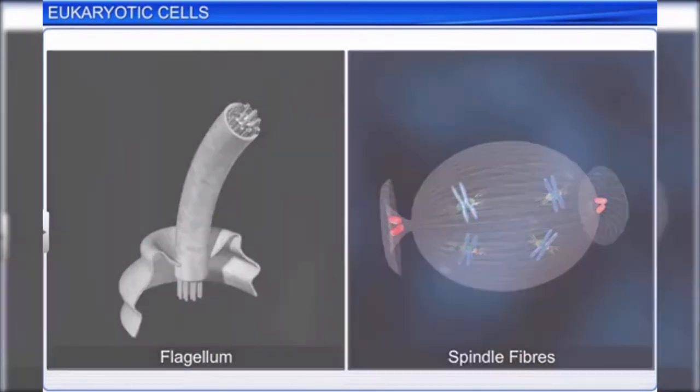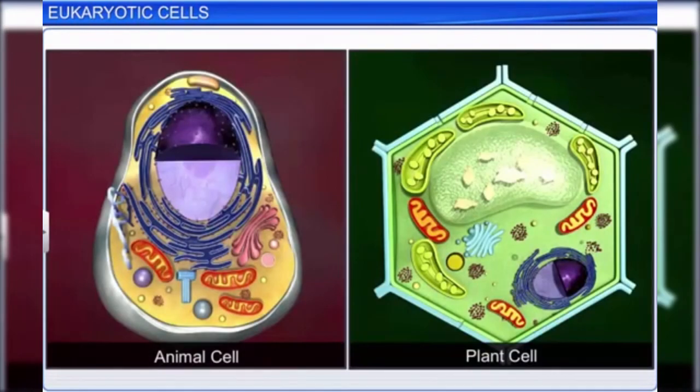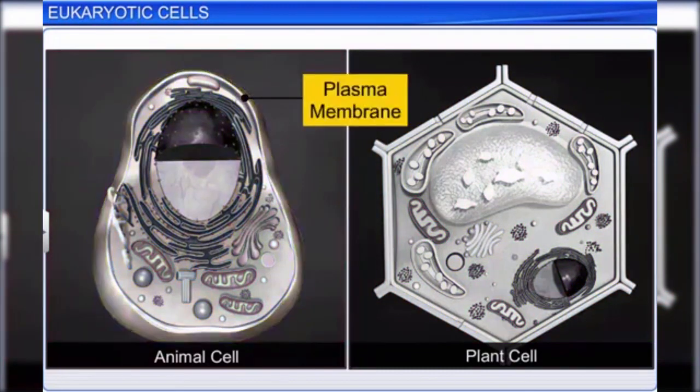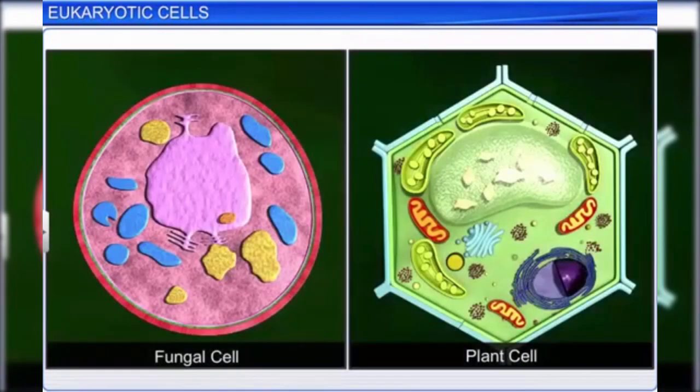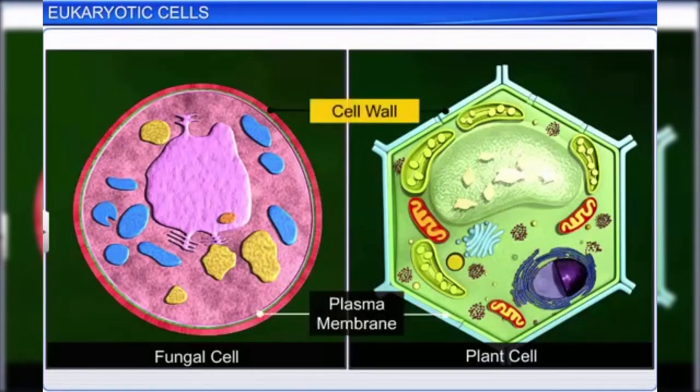Eukaryotic cells differ not only in their cytoplasmic organelles, but also in their structure. Take, for instance, animal cells, in which the plasma membrane forms the outer boundary of the cell. But in fungi and plant cells, the plasma membrane is covered by a cell wall which forms the outer boundary.